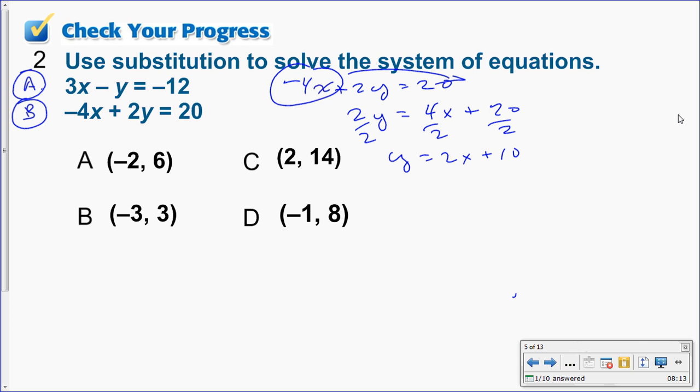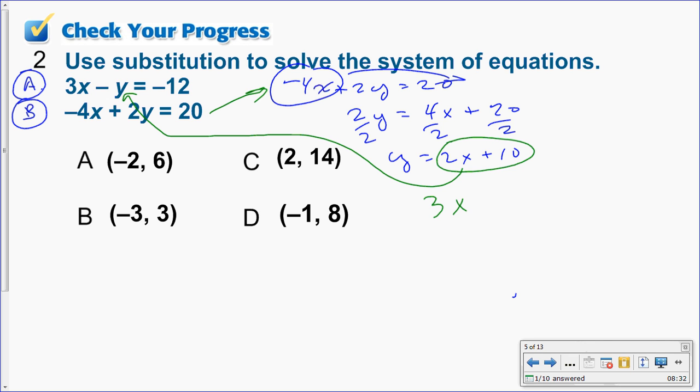Are you clear? Okay. So since I changed B to isolate A, I'm gonna take that and put it into what? Y for the top one. So that ends up giving me what?